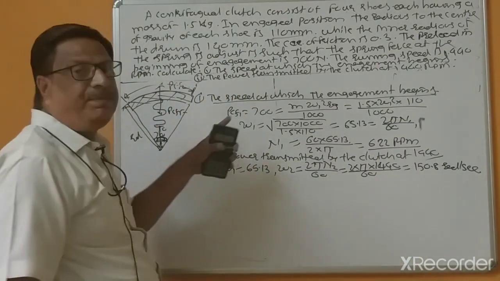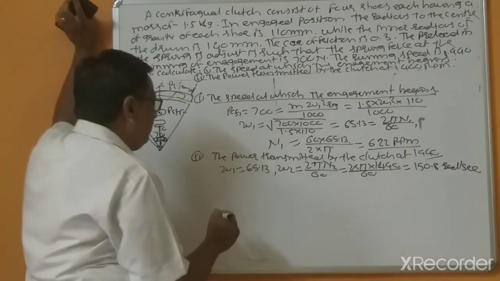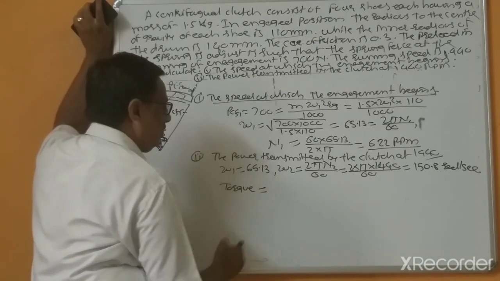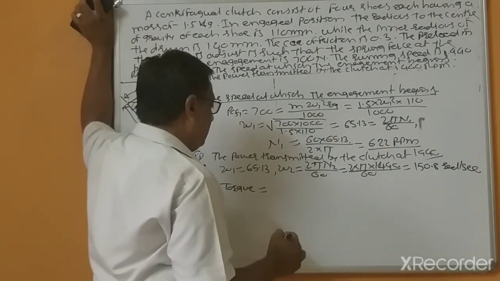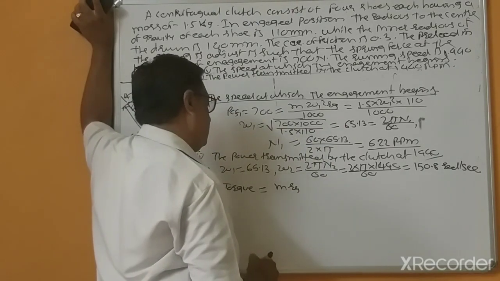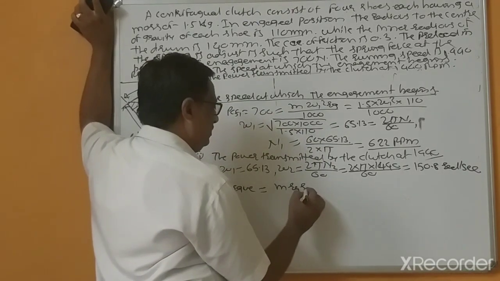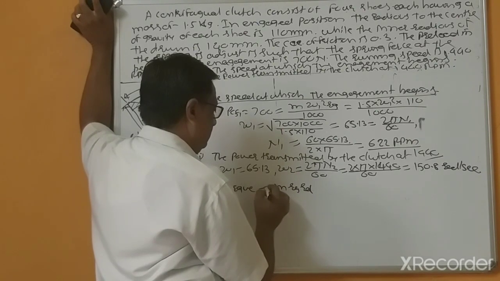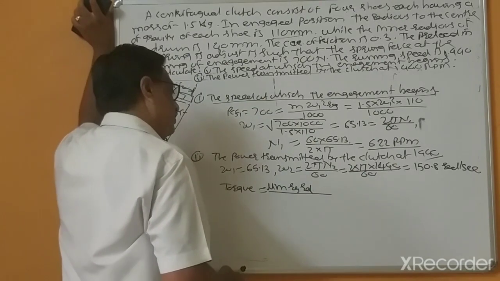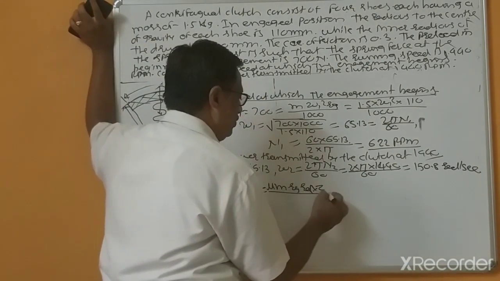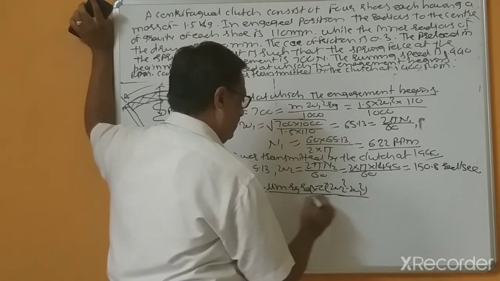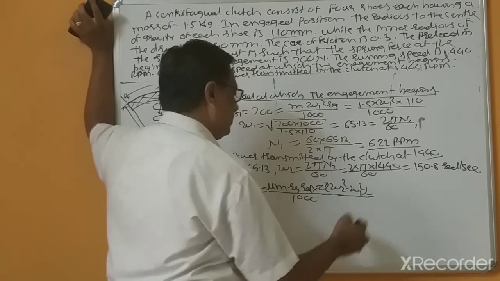So to calculate the power, first we'll calculate the torque. What is the formula? Mt equal to mu m Rg Rd Z into omega 2 squared minus omega 1 squared, divided by 1000.